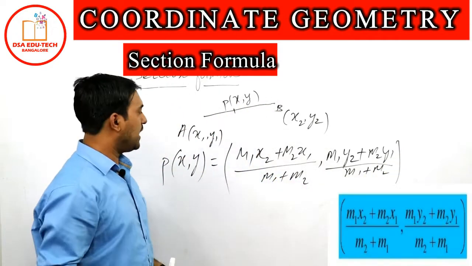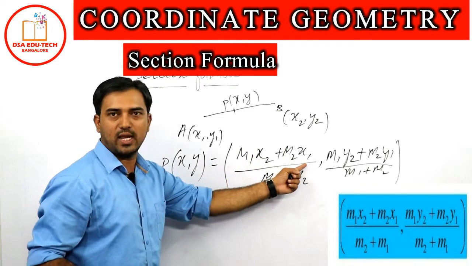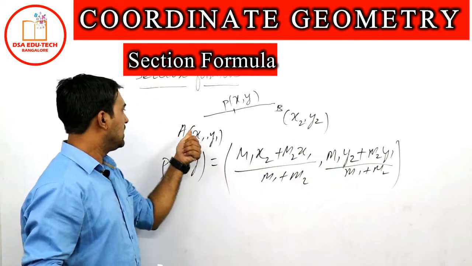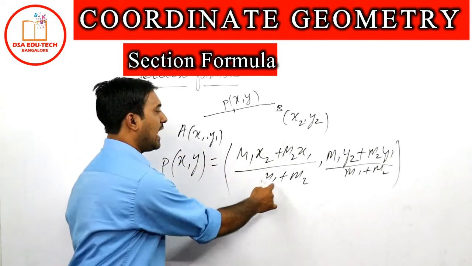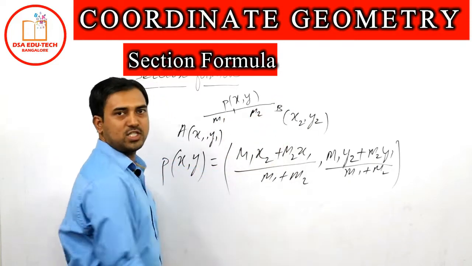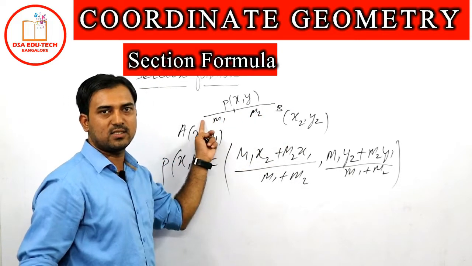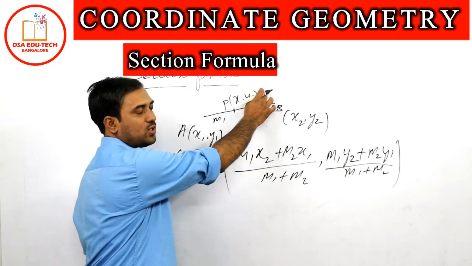Now you might be thinking, what are m1 and m2? You know what x1, x2, y1, y2 are: these are the first point and second point values. m1 and m2 are nothing but the ratio in which I have divided the line. m1 is the first ratio, m2 is the second ratio.